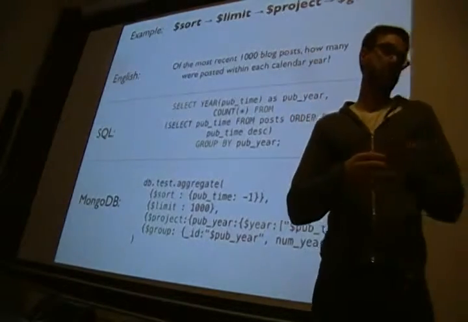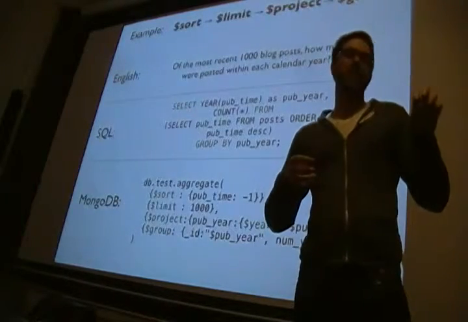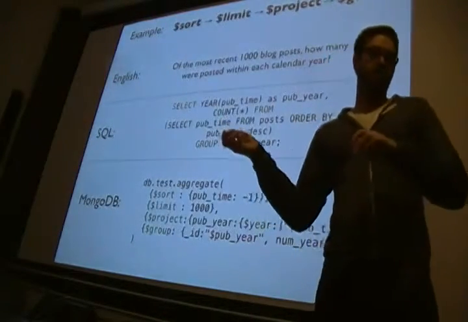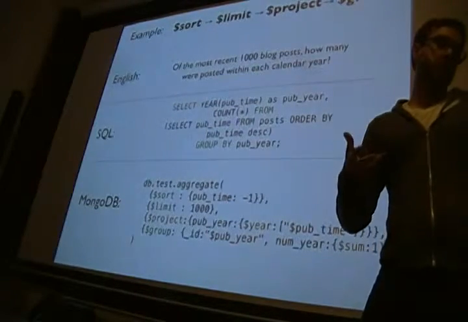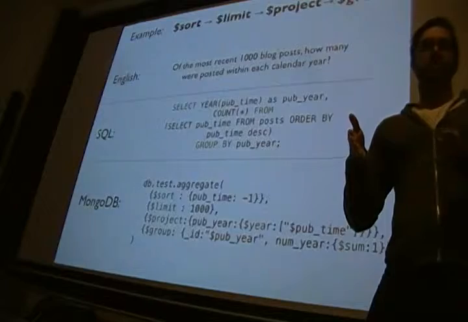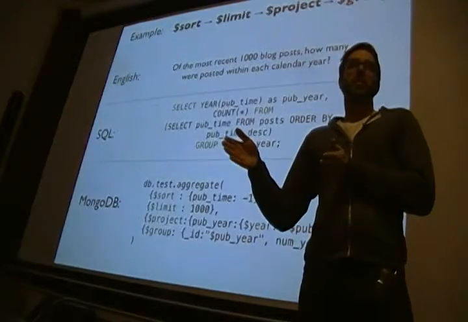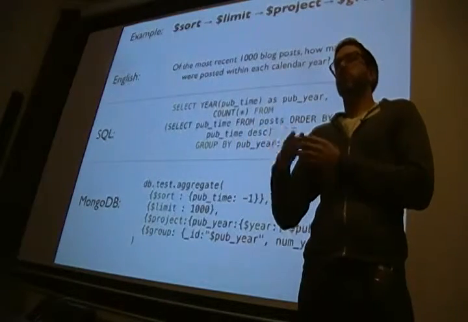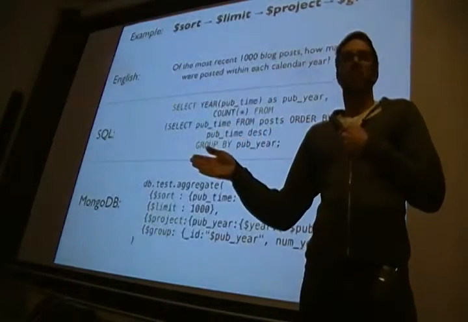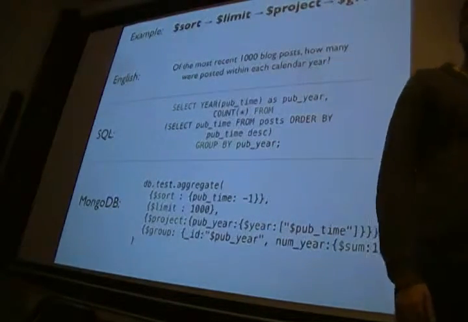And then you use project to extract just the year part of the date from the publication time, and then feed that into the group function. The group function groups by that year that you just extracted and calculates the sum of all the documents, by using a value of 1 per document. So the sum of 1 per document for all those years gives you the number published per year.